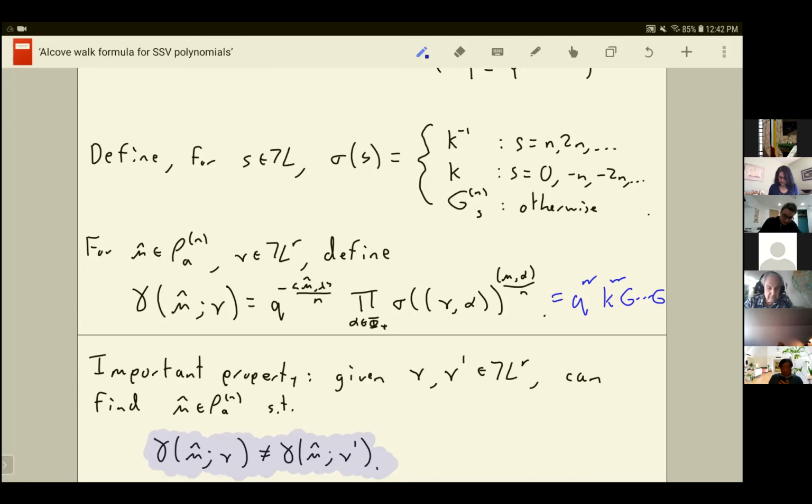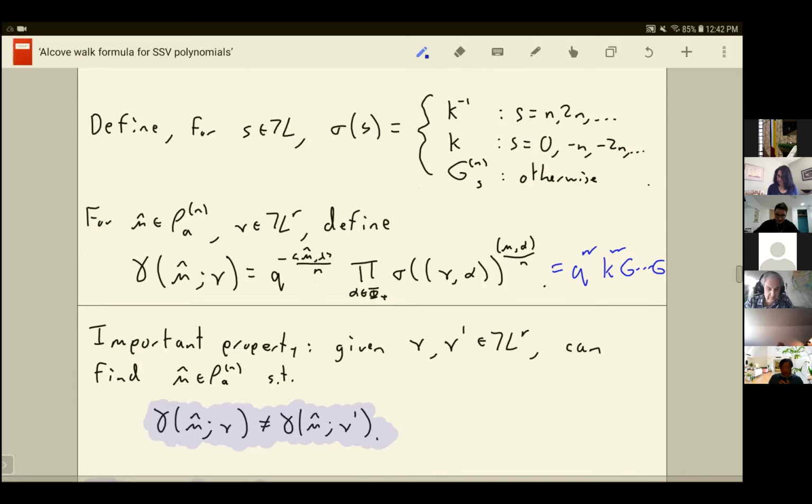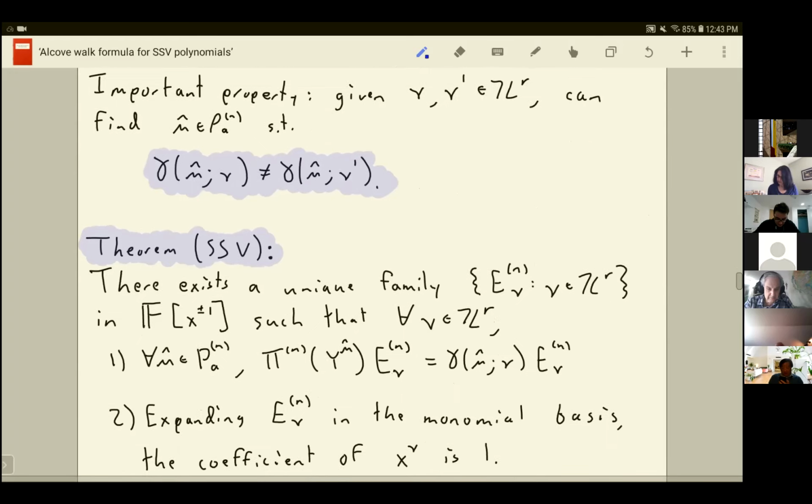The eigenvalues will be exactly these gammas. And so this tells me I can tell which eigenfunction I'm looking at just by studying the eigenvalues, which again is exactly what happened in the Macdonald case. So let me state that more precisely.